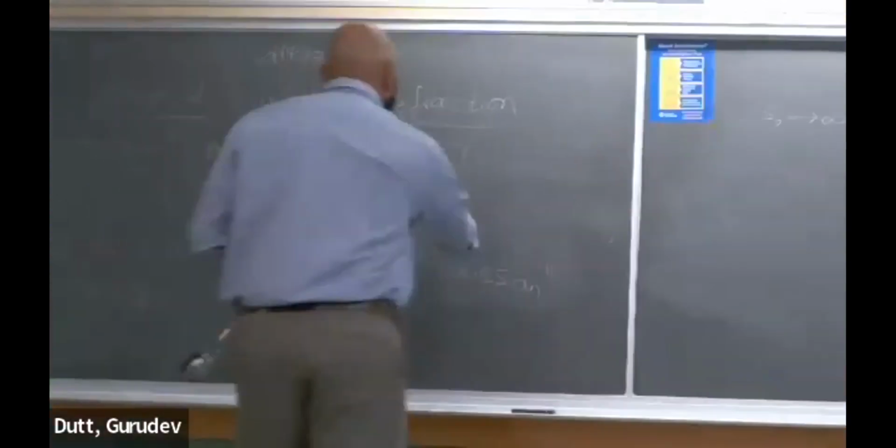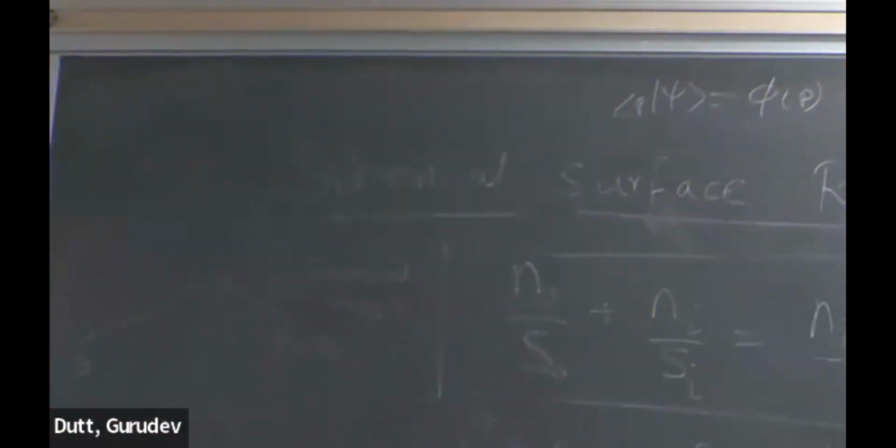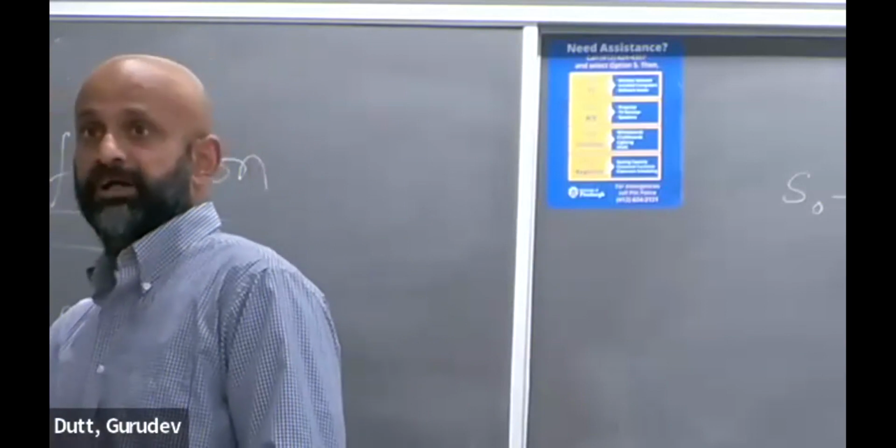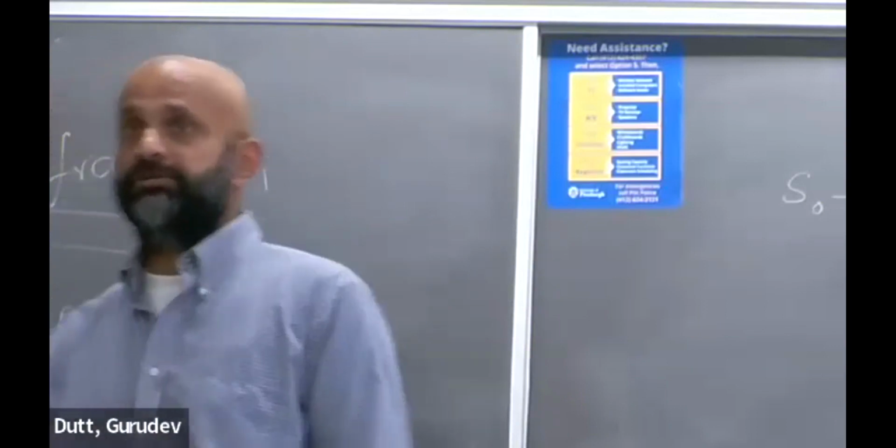On the right hand side, this is just a constant defined by the indices of refraction and the radius of curvature R. So if S naught goes larger, this term is getting smaller, so this term has to get bigger, which means SI has to decrease.